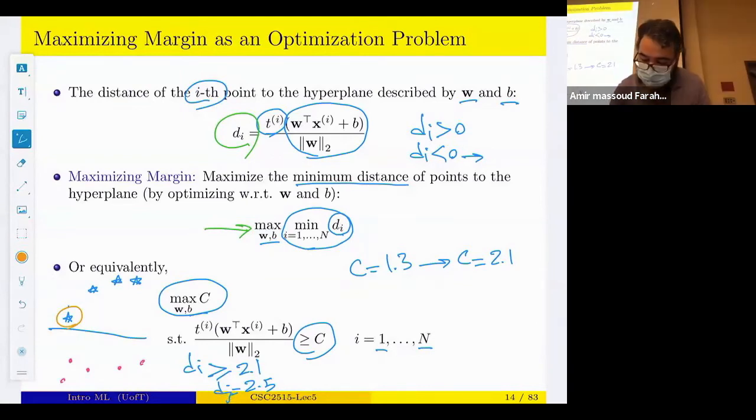If I could somehow remove this, then the margin would increase very quickly. My visualization is not perfect, this is not a balanced margin, but that's the point. Now, this doesn't handle it. It just computes the minimum distance and then tries to maximize it. But soon we will see a situation where we may actually need to do something like that.